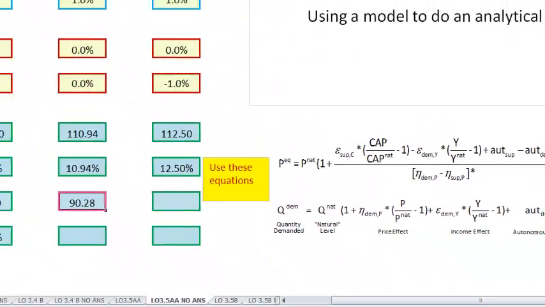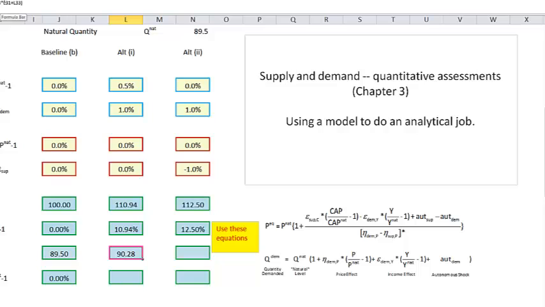And we can see that we have a small increase in the quantity, our quantity increases from 89.5 to 90.28 here.